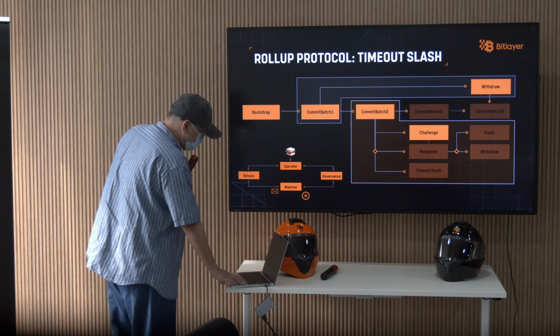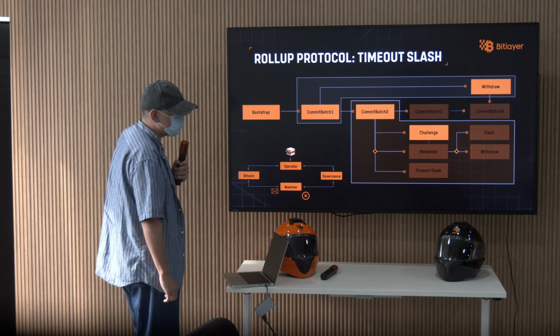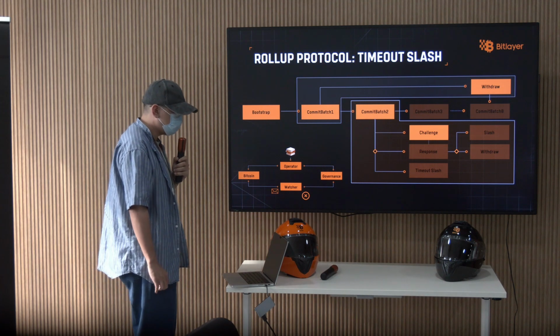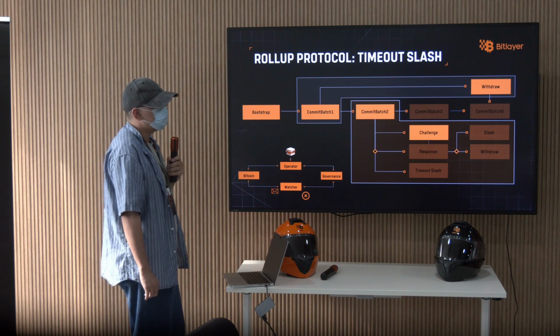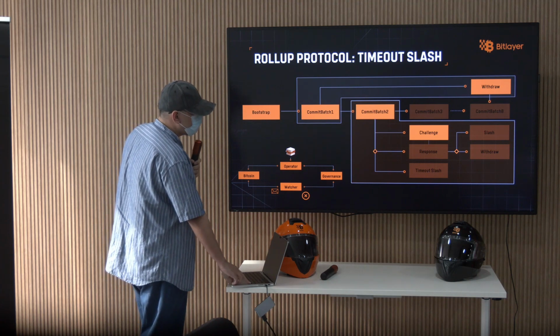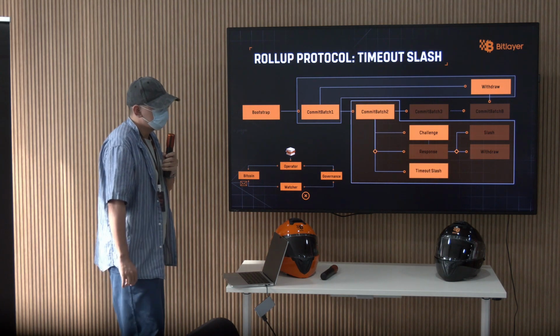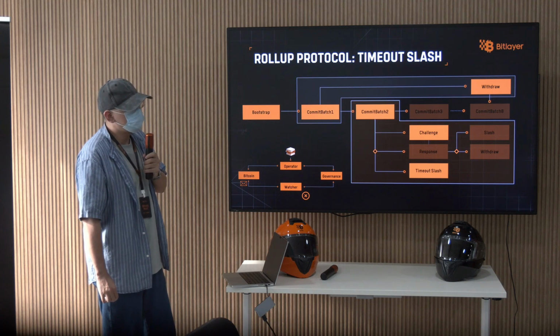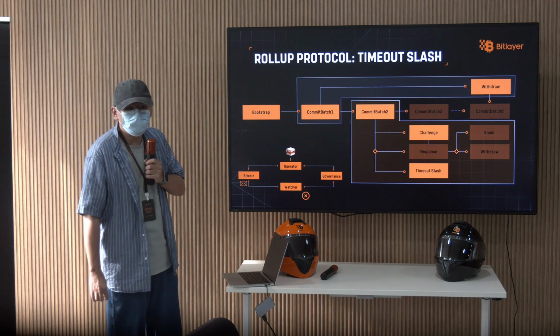The operator should respond to the challenge as soon as possible. But if it fails to respond in the period, then the watcher can directly send the timeout transaction to win the challenge game, and also take the collateral as a punishment for the operator not being responsive.